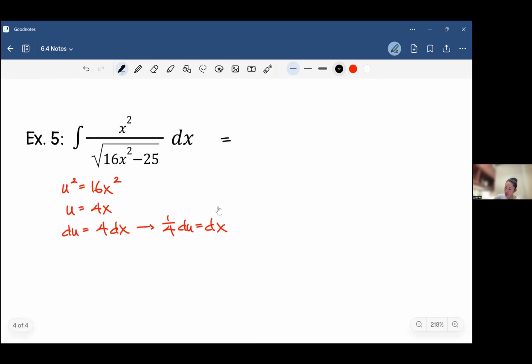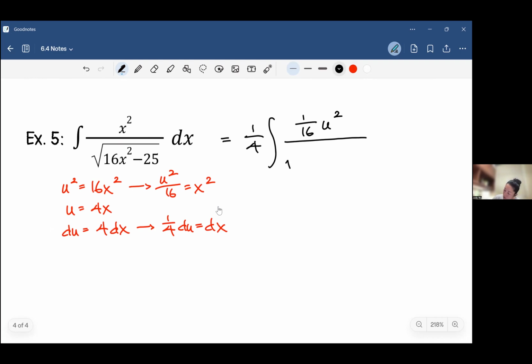Now, here's what we're going to do. We're going to rewrite this using this u sub. I'm going to bring this 1/4 out to the front, so I've got 1/4 the integral. Instead of x squared, I can divide that 16 over, and I'll have 1/16 u squared on the top.